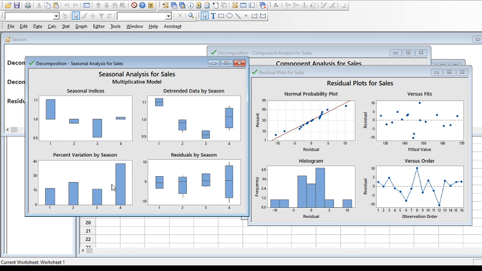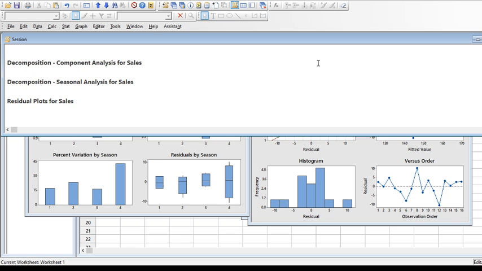And percentage variation by season, right? There's a 15% variation in season 2. There is around 23% variation. And the detrended data by season, right? Once you detrend the data, how the data box plots look, and the residuals by season. So all of these things will generally give you an awareness of the variation levels for the multiplicative model you've used.